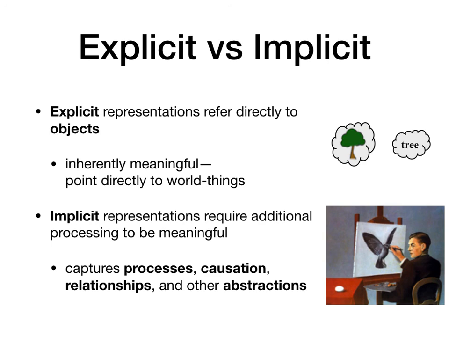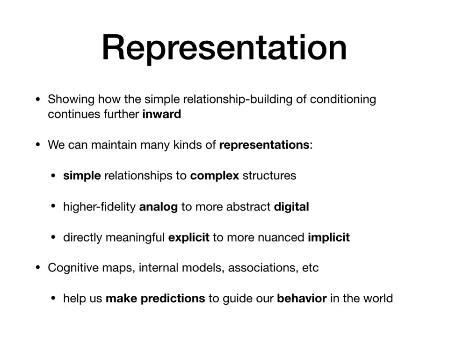So, to recap the idea of representation in general, we're showing this sort of stepping forward from conditioning, and it continues inward. You can condition yourself to simple associations, but you can elaborate those further and further to these more complex internal models of the world, using abstract representations.